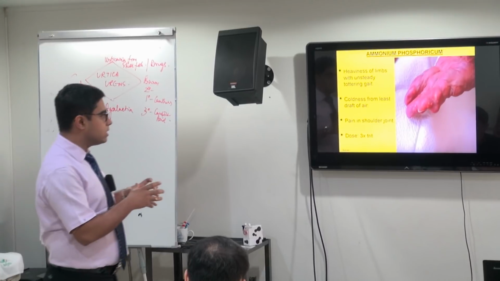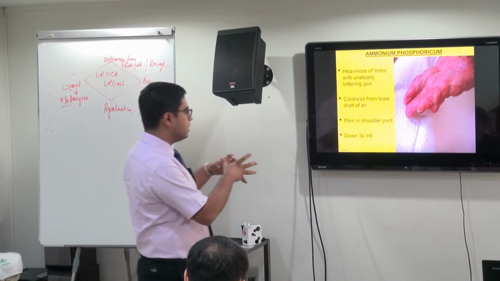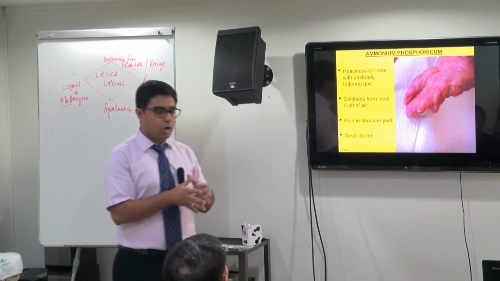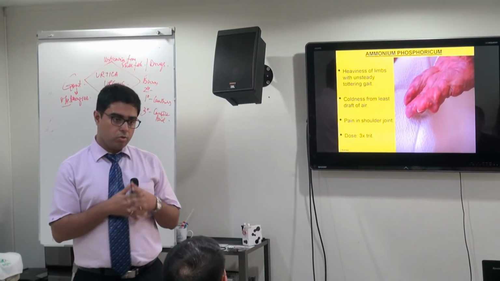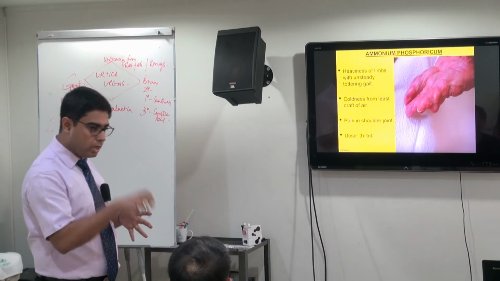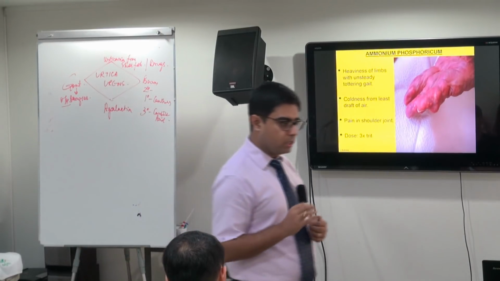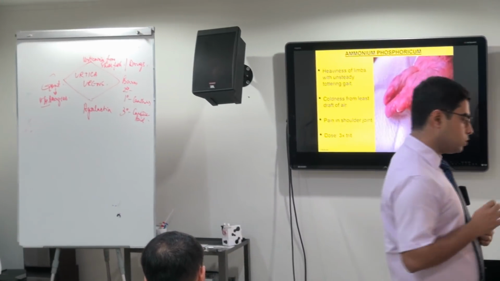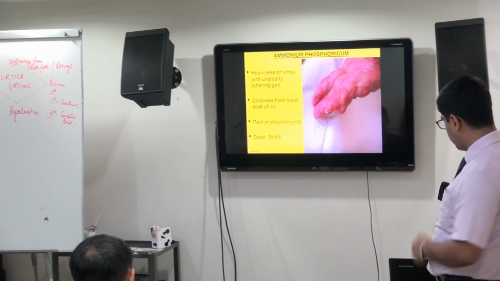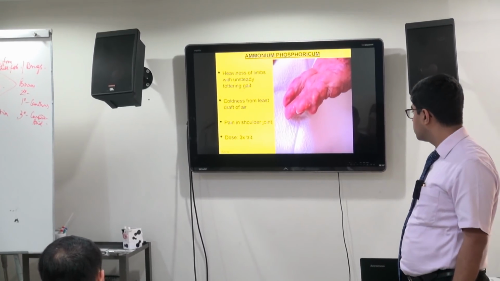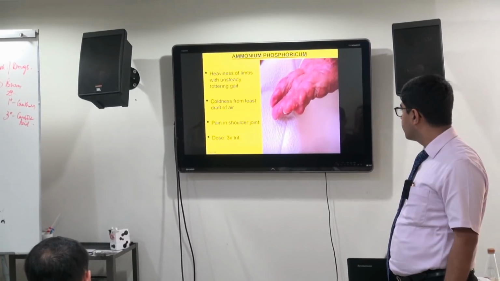So a lot of nodosities in the joints, they're very tender, as you can see in this picture. Advanced stages of gout, you can help with Ammon phos. 3x, 6x triturations to bring down the uric acid level, to take care of the nodes as well. Really, really useful medicine for gouts and tophi with advanced stages in chronic cases of gout with cold air aggravation.